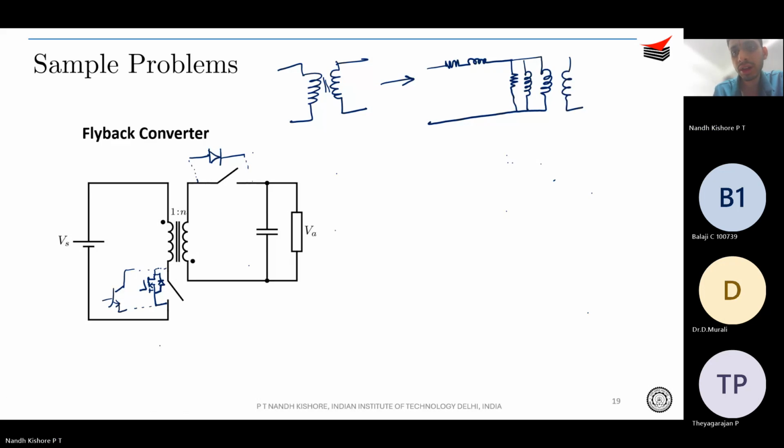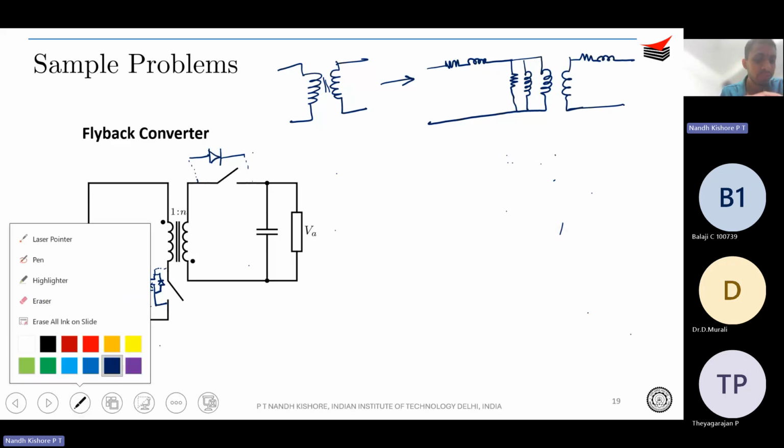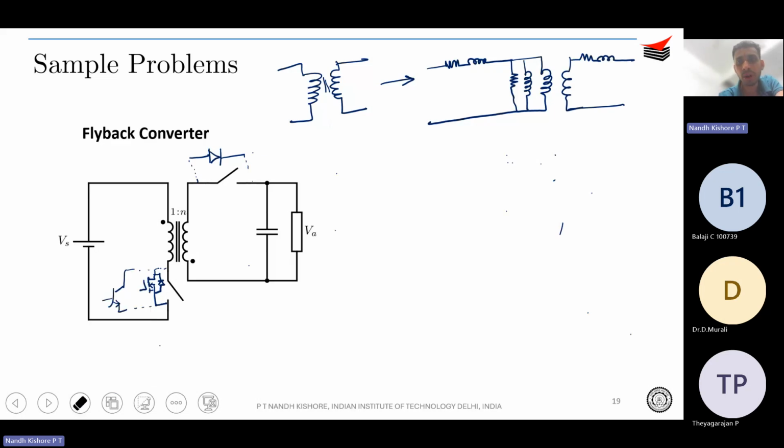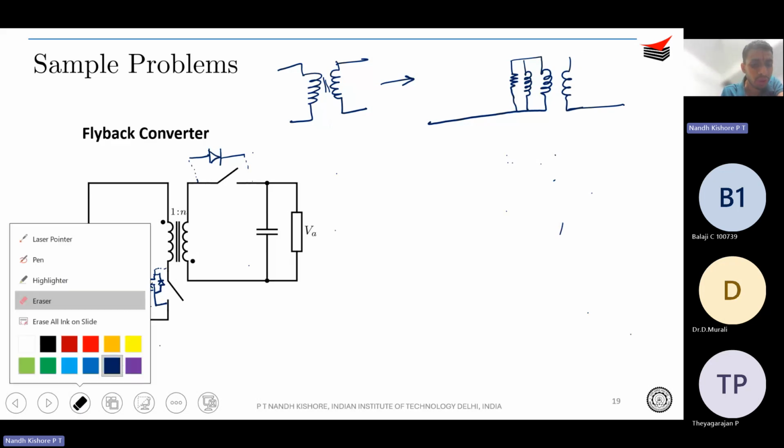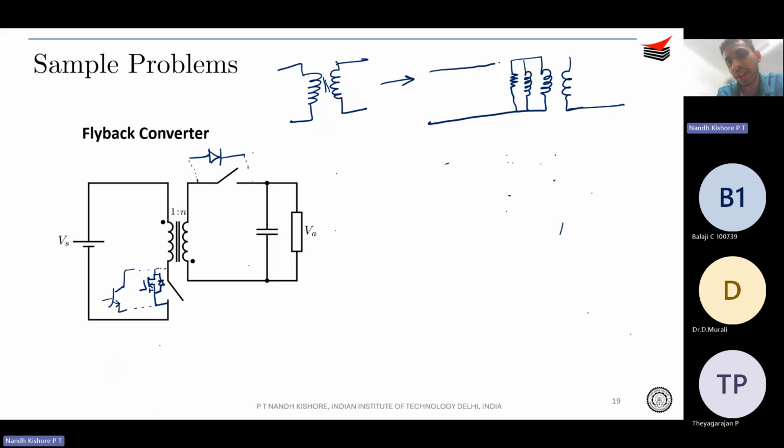So this is your equivalent circuit of a transformer, or if I neglect the non-idealities, that is the leakage and the winding resistances, what you are going to end up with is including the core component. So what you will end up with is something like this. No losses, just the magnetizing inductance part alone is there.